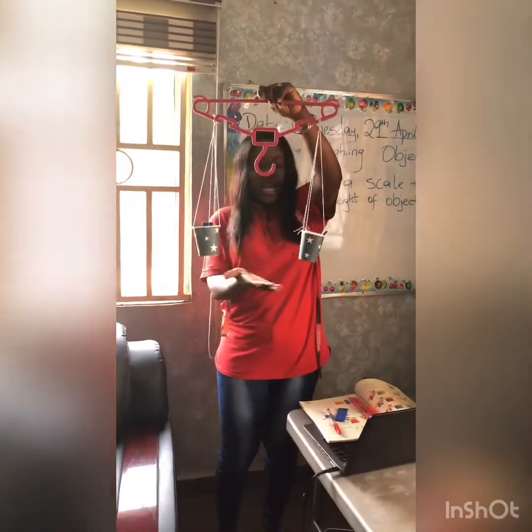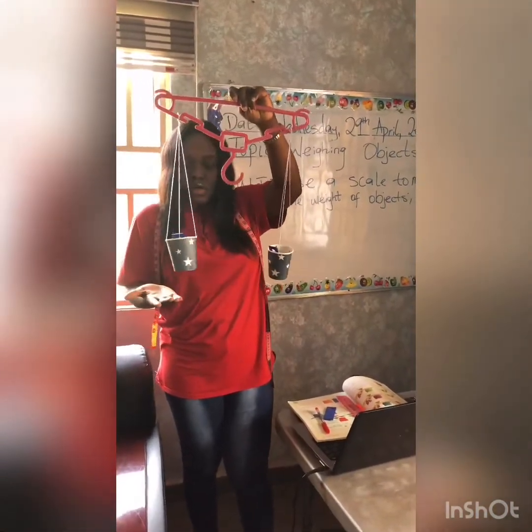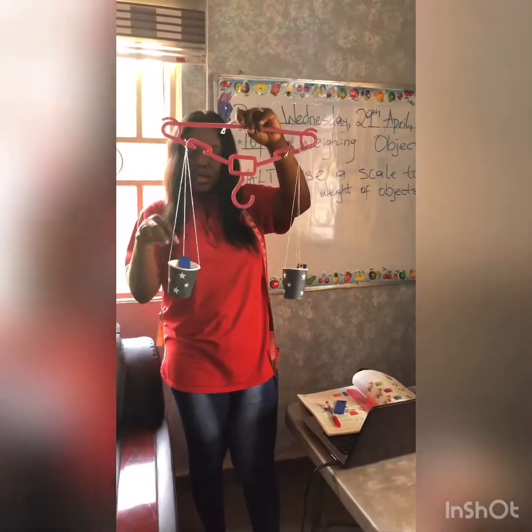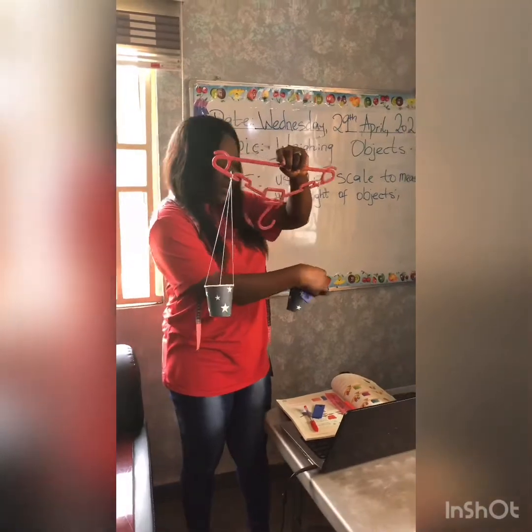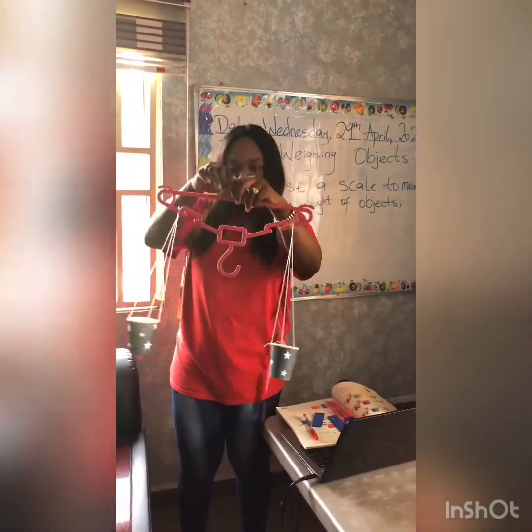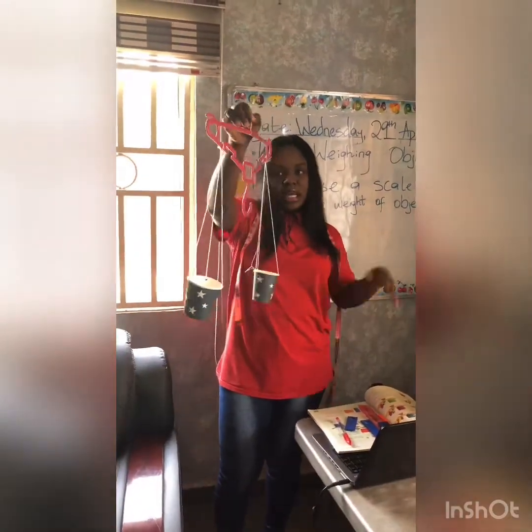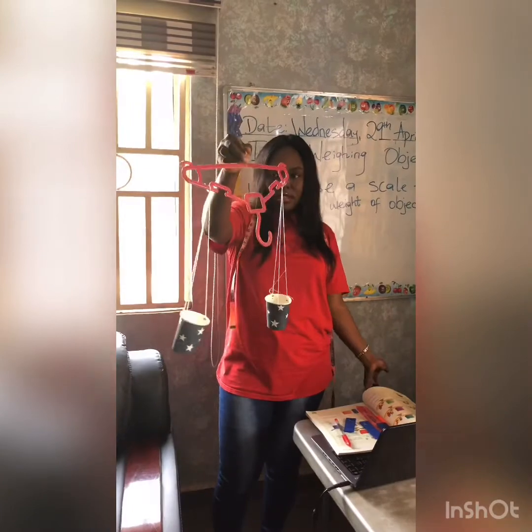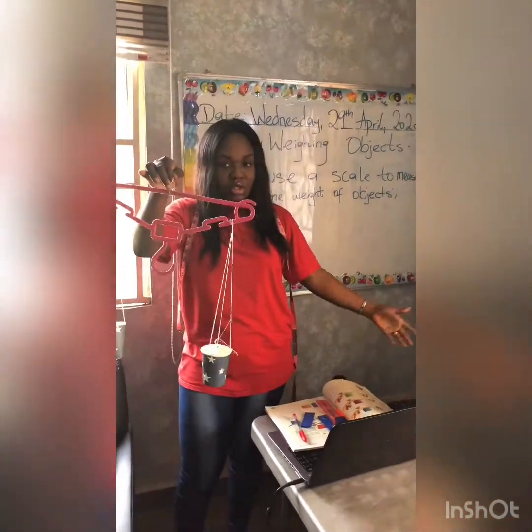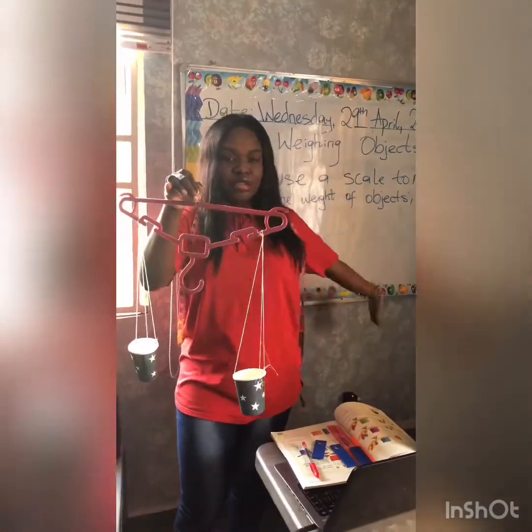And when the weights are the same, we'll say what? That the weights of the two objects are balanced. So you can quickly make your own weighing scale at home, construct yours, weigh different objects, and tell me how it went. You can make a video of yourself doing that. You can take a picture doing that, then you upload via Class Dojo.